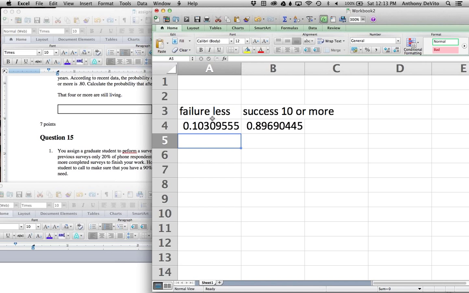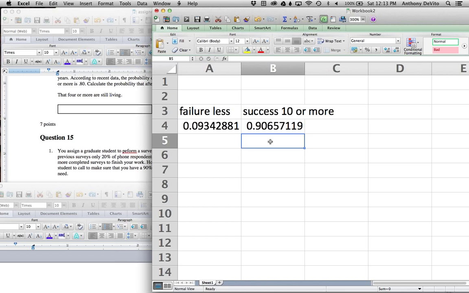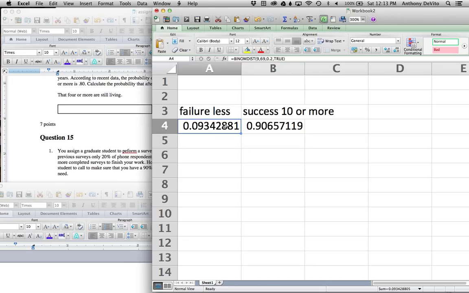I'm over 10% here, I'm under 90%. So I'm going to go back to my 69 calls. I have to make 69 calls to have less than 10% chance of getting 9 or fewer completed surveys, in order to get a 90% chance of getting 10 or more, the rest of the possibilities.